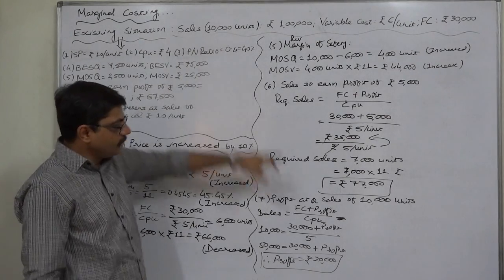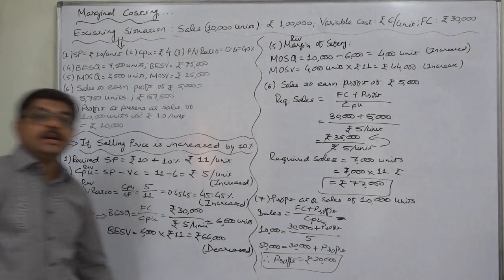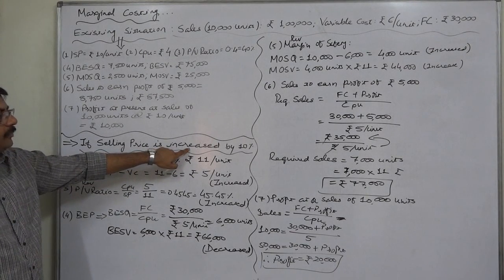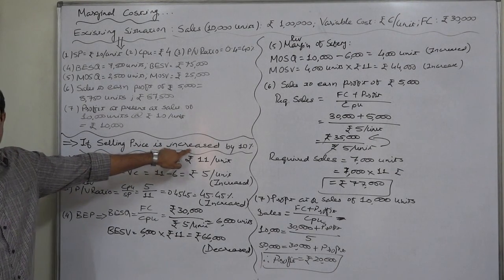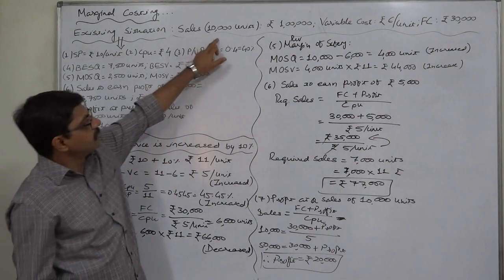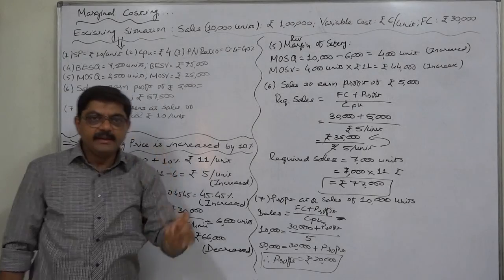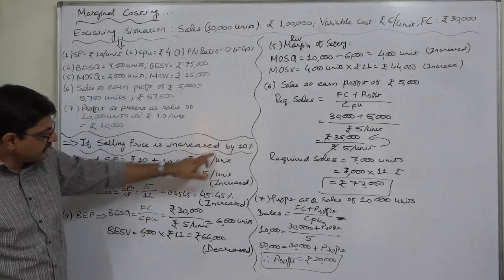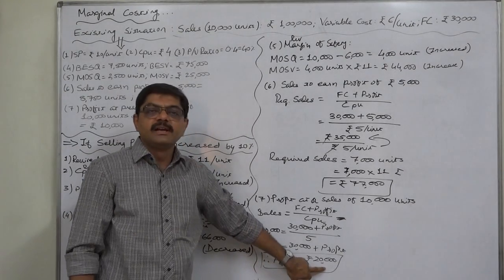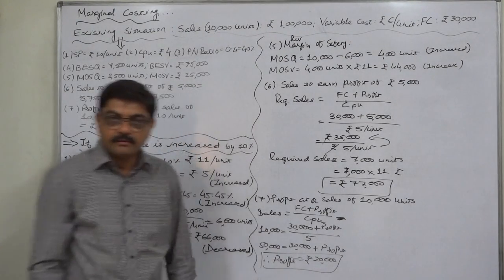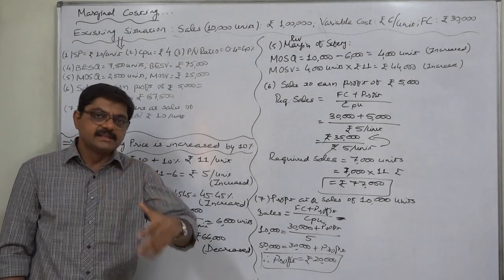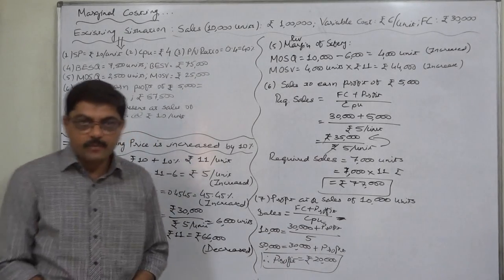But now at the sale of 10,000 units the profit will be 20,000. This is the effect of an increase of rupee 1 or 10% in selling price. We have increased the selling price by rupee 1 on 10,000 units of our sales. So ultimately we can conclude that the increase in selling price has contributed directly into the increase in profit. The whole increase in selling price has resulted in an increase in profit.